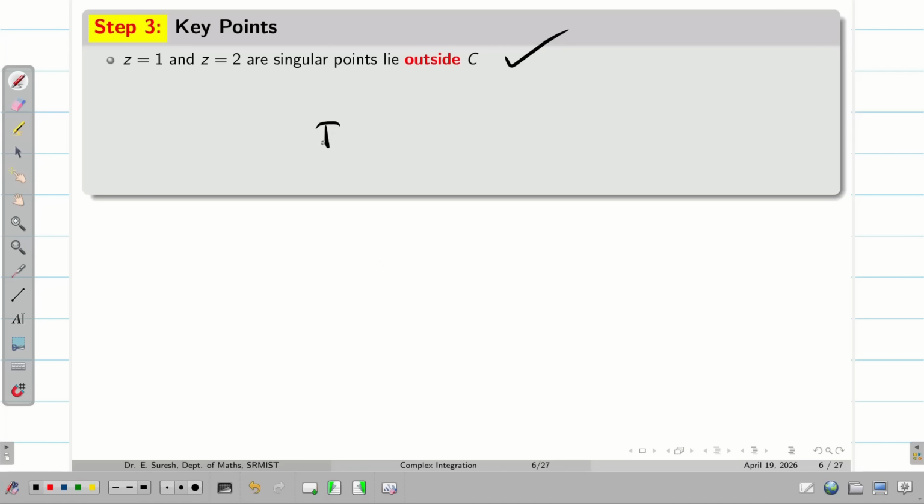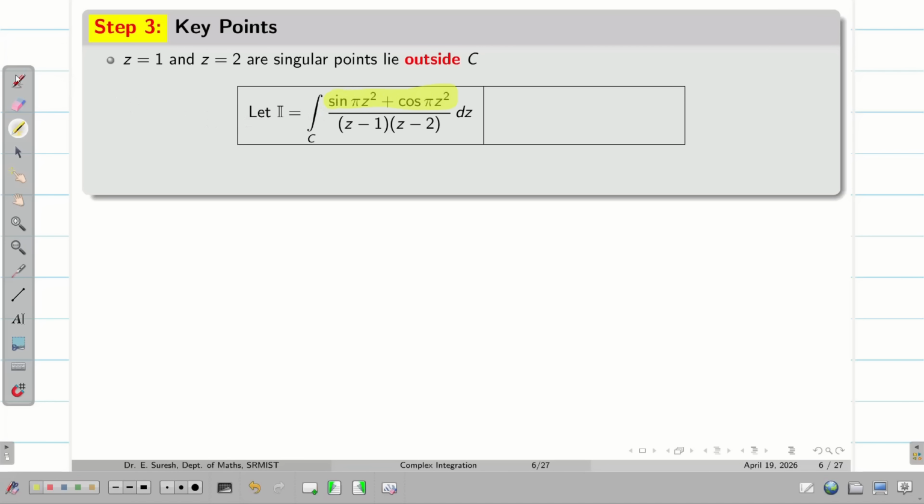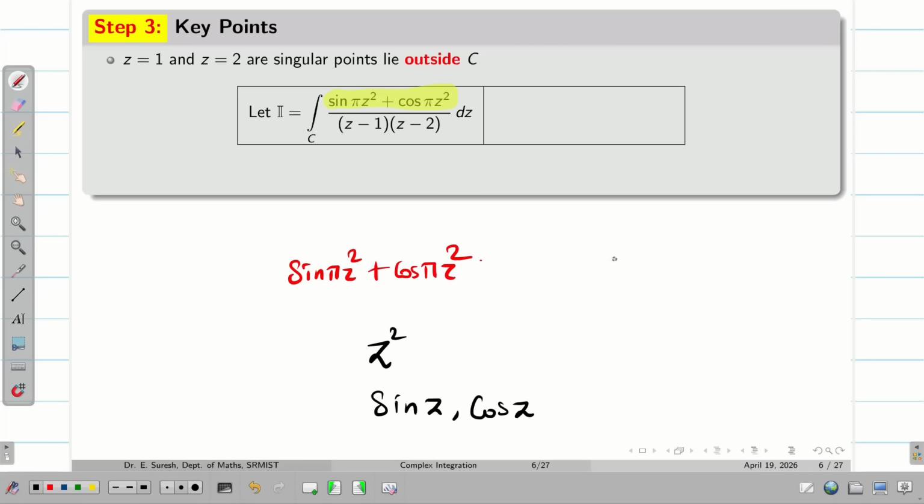Let us consider capital I as my question. Now we are going to concentrate on the numerator, sin πz² + cos πz². From the basics we know z² is an entire function. Similarly, both sin z and cos z are also entire functions. And we learned that if f and g are entire functions, then f of g of z, the composition of f and g, is also an entire function.